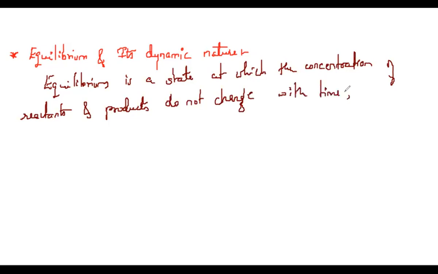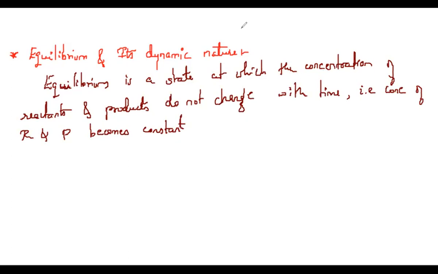That is, the concentrations of reactants and products remain constant. This is the definition of equilibrium. So equilibrium is a state at which concentration of the reactants and products do not change with time. Now, what do we understand by all these things?